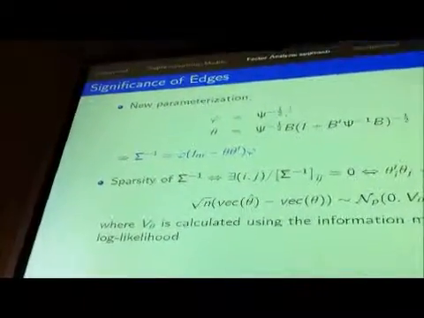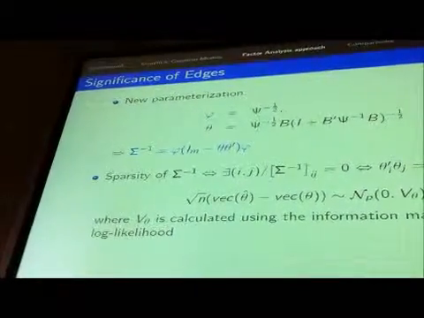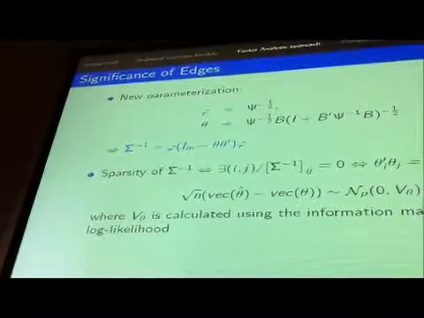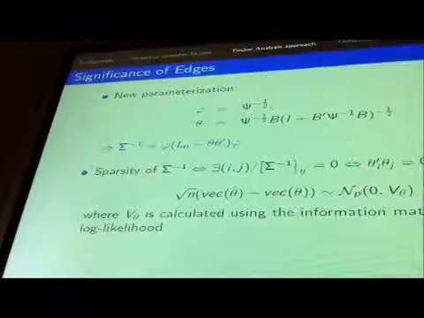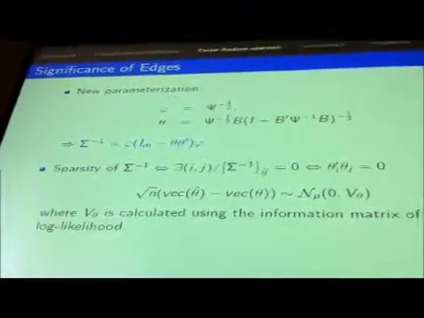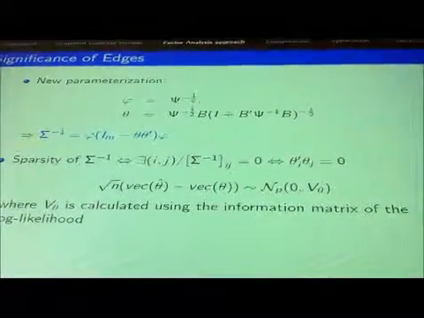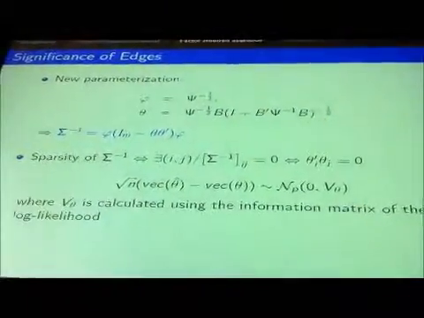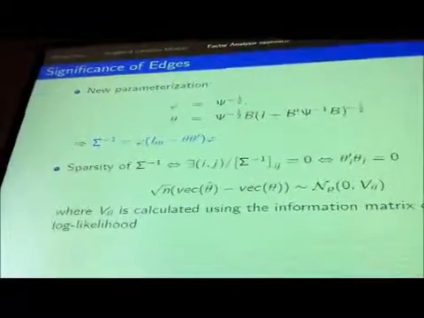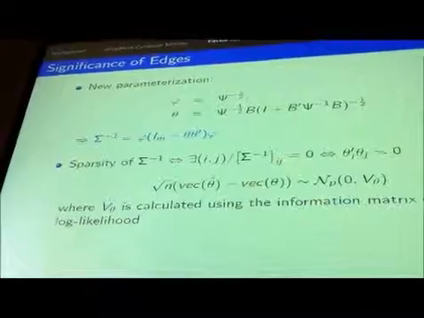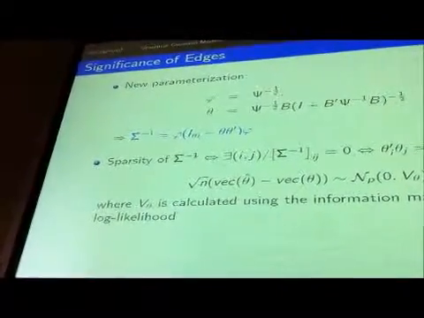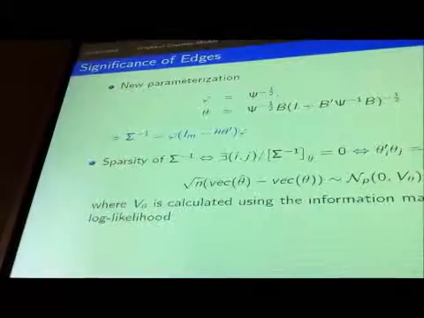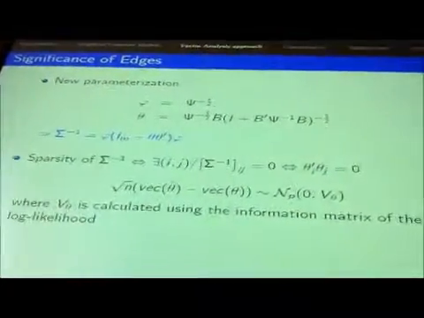So then we propose here new parameters, phi and theta, in order to rewrite the inverse of the covariance matrix as a kind of factor analysis model where theta plays the role of loadings. And so a zero entry in the inverse of the covariance matrix corresponds to detecting theta equal to zero.